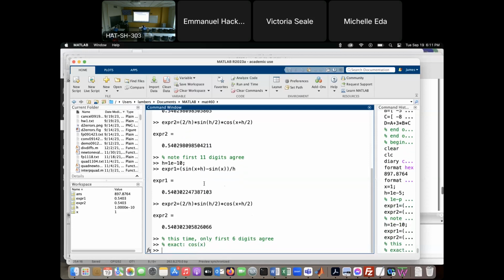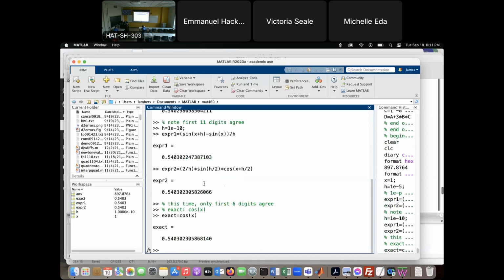Well, let's take a look. Let's fill in. So exact is cosine of x, which in this case is 1. Now, let's compare that to the 2 approximations that we have.